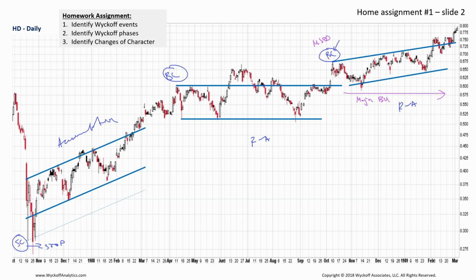And then what would be the first reaction? How would we label this, Philip? If this is the automatic reaction. Automatic reaction. Okay, the next rally. Secondary test. Secondary test concludes our phase A. Look at the character with which this rally and this reaction move.